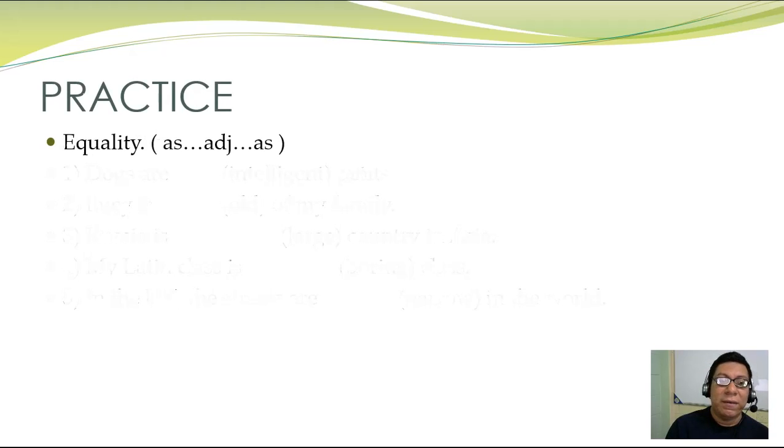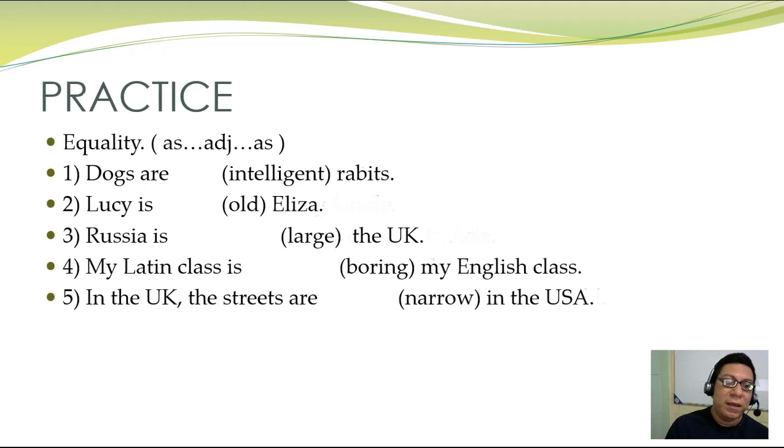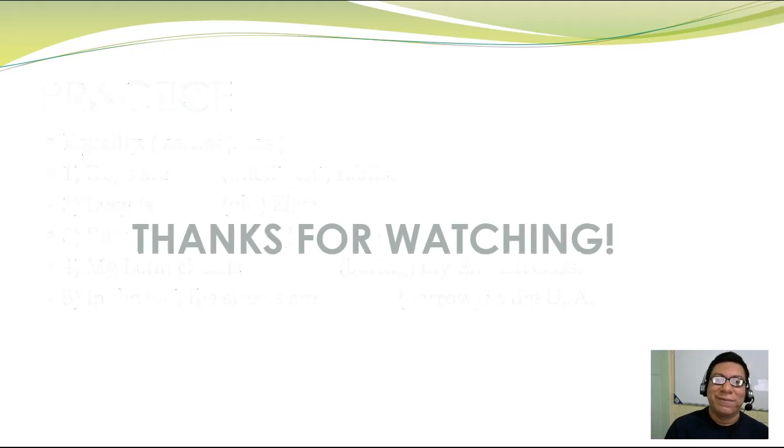And at the end we're going to have the equality, that it's something new. And we're going to use as, adjective, as. For example, dogs are as intelligent as rabbits. Okay, that's it. I hope you can check this video and review the comparative and superlatives and this new one that is the equality.